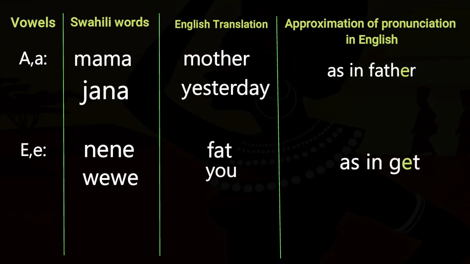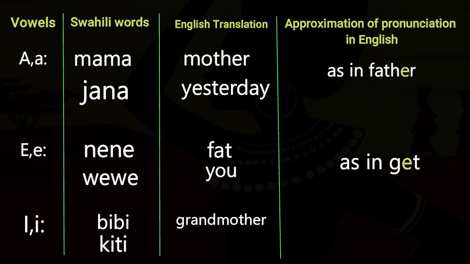The third vowel is I in words like bibi, grandmother, kiti, chair, as in B.